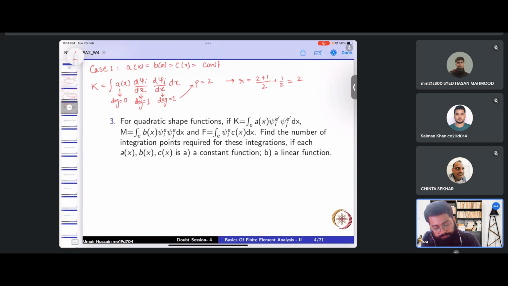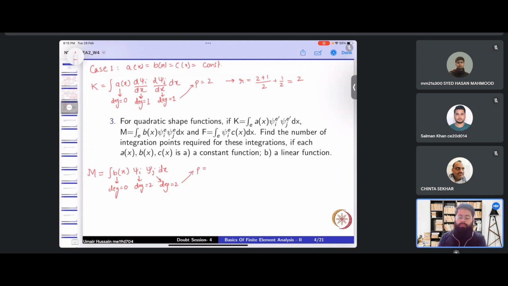Then we have m equals the integral of b times psi i times psi j. This again is a constant function, degree 0. Psi i and psi j are given to be quadratic, degree 2.